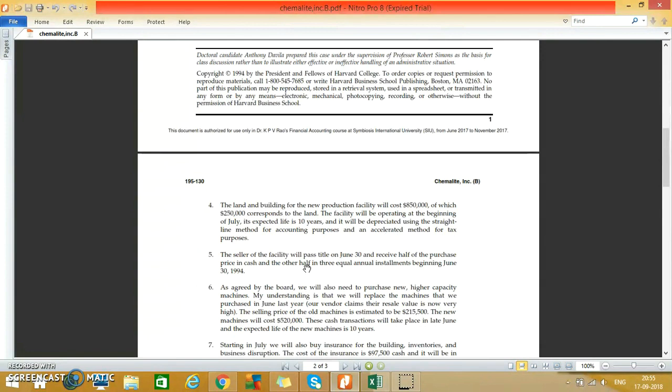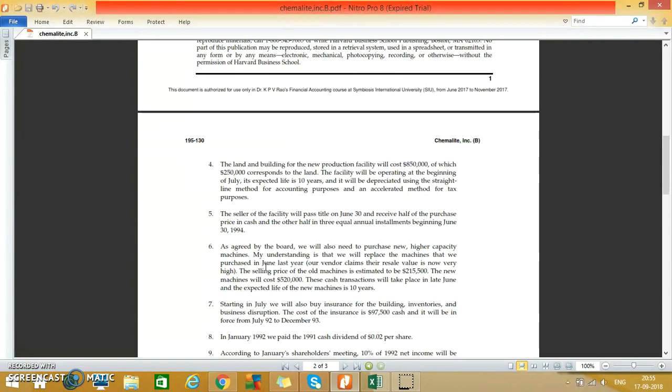Well, the important points which we can see here are the fourth, fifth, and the sixth one, where they say that the production facility is being increased, and that is the proposal where the total cost of the facility would come out to 8,50,000, of which 2,50,000 corresponds to the land. And the other point, in the fifth point, says that you can pay 50% right away, and the rest of the 50% can be paid later on.